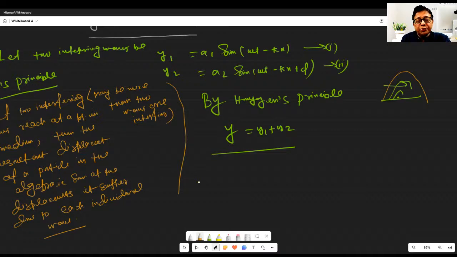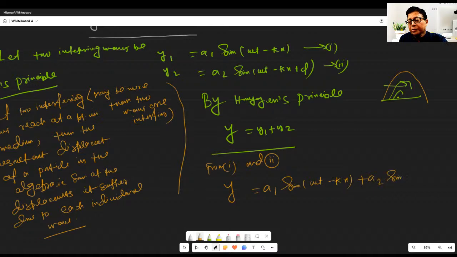Now adding 1 and 2, from 1 and 2, a1 sin(omega t minus kx), plus a2 sin(omega t minus kx plus phi).